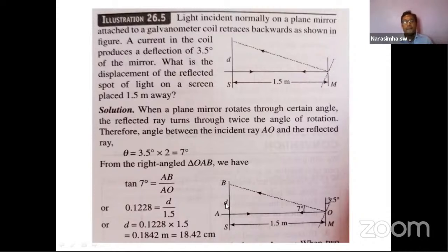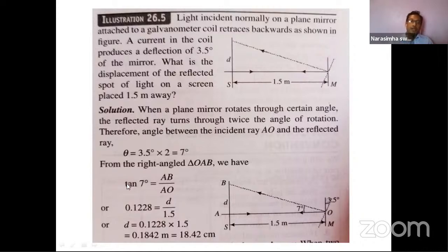D is asked. From this triangle, tan theta is equal to opposite side by adjacent side, that is perpendicular by base, that is BA by AO. That is D by 1.5, as this length is given as 1.5 meters.